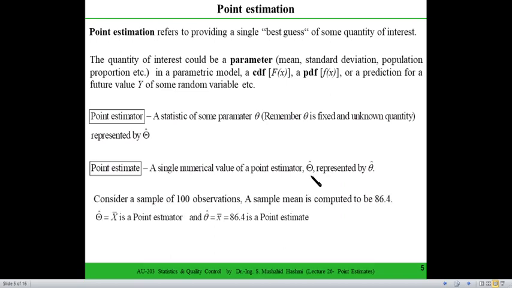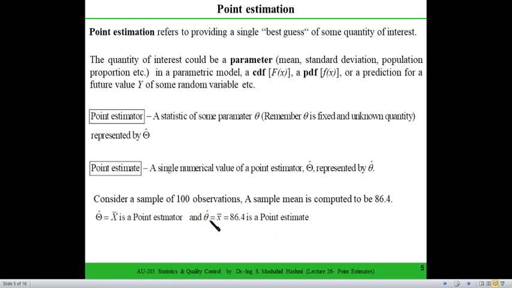So take an example. For example, we have 100 observations, and a sample mean is computed. Let's say the value of your sample mean is 86.4. So here your sample mean is your estimator, and this estimator is a statistic. The sample mean is a statistic from the sample, so that's why we call it an estimator.